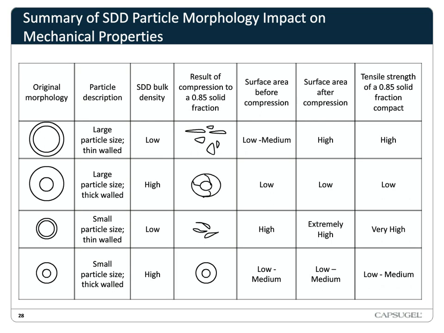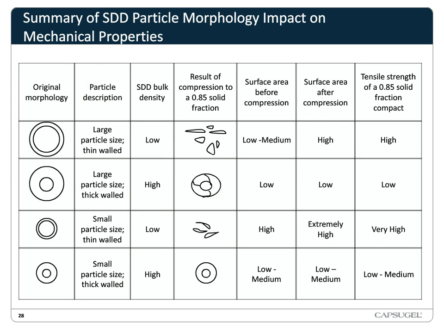Again, the SDD bulk density is going to be low, so we take a hit on the powder flow. But the result of compression is again shattered particles, similar to the large ones. The surface area before compression is high, and after compression is extremely high. This represents the compact with the highest tensile strength at a 0.85 solid fraction.